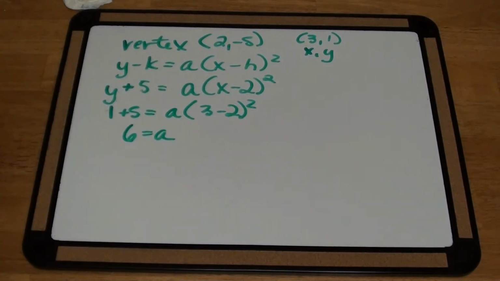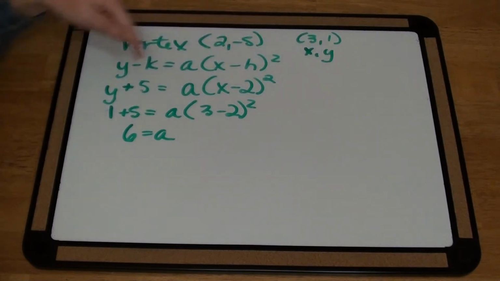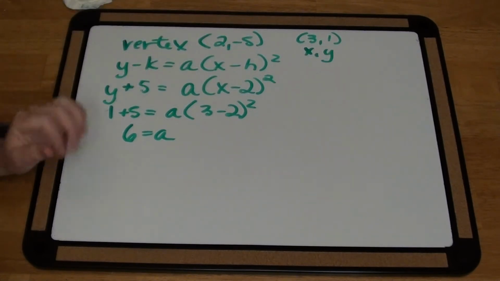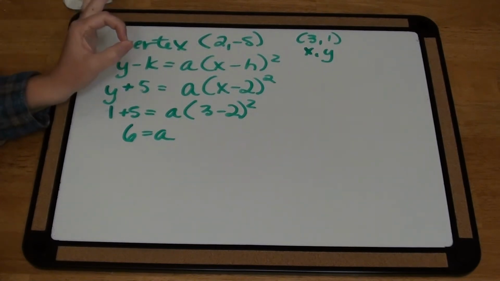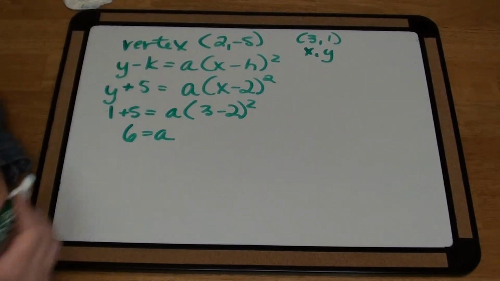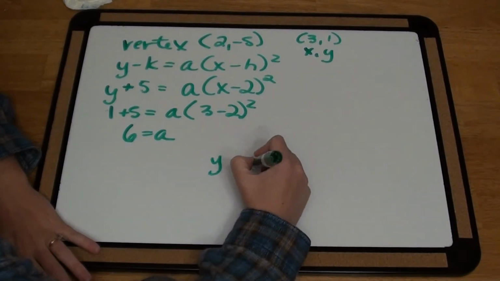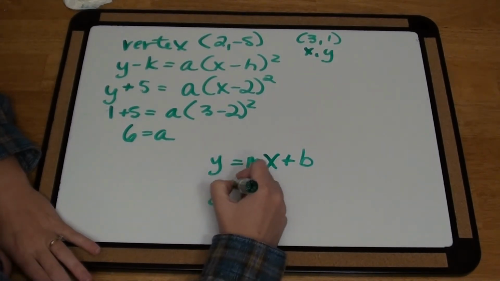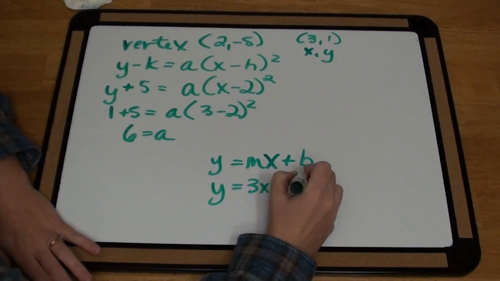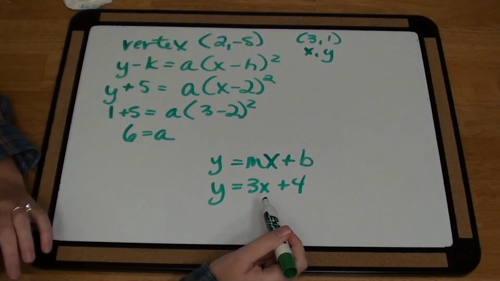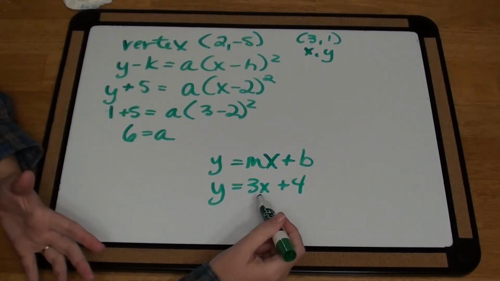How nice is that? But the idea here is we got to this point when I substituted in my x and my y value. I have one thing that I don't know and I have one equation. That's solvable. The reason why, if we have y equals mx plus b, and let's say you have y equals 3x plus 4, the reason this isn't a point and this is a line is because there's more than one point that satisfies this.